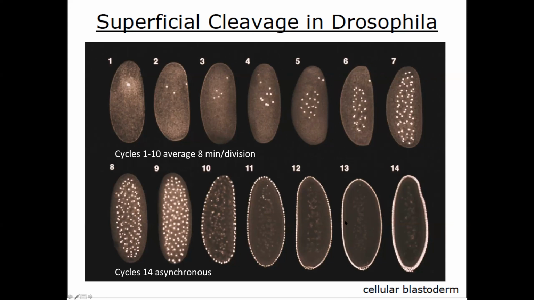From stage 1 to stage 12, or even 12 is probably when the cellular membranes start to pinch in and separate the individual cells. But till then, this is a single cell carrying multiple nuclei, something like the muscles are. So it's a syncytium.